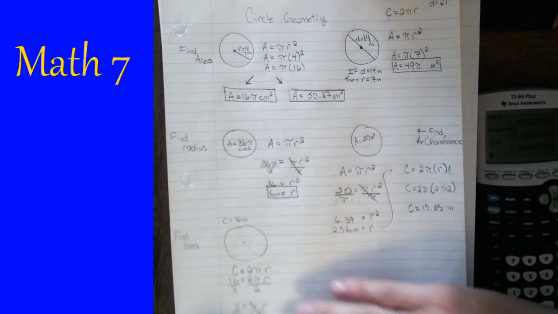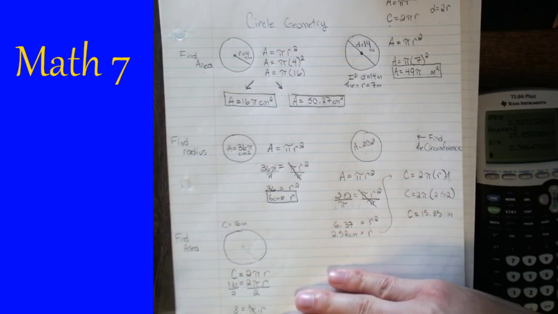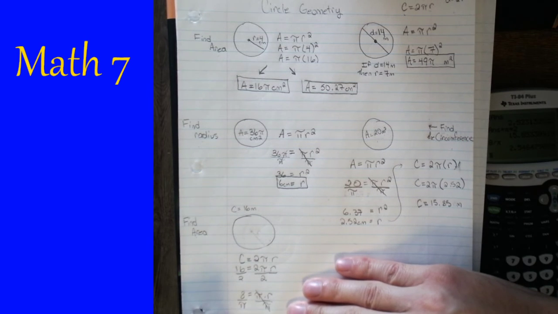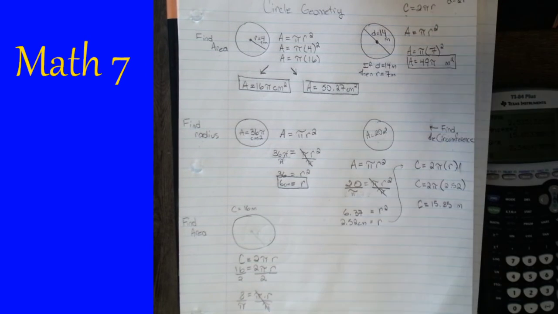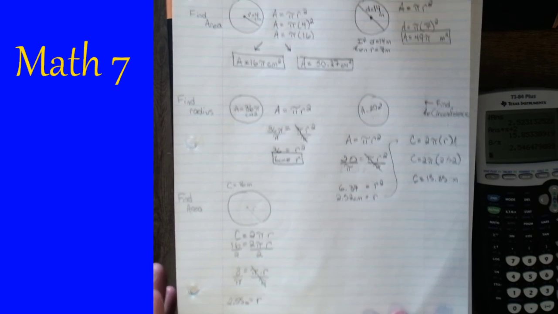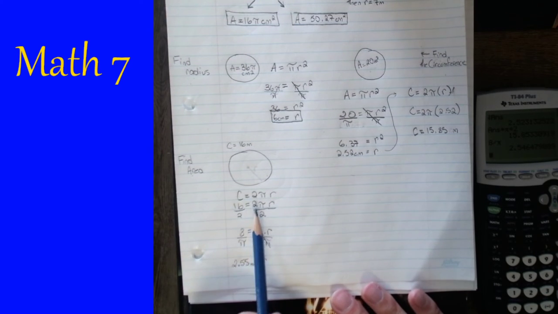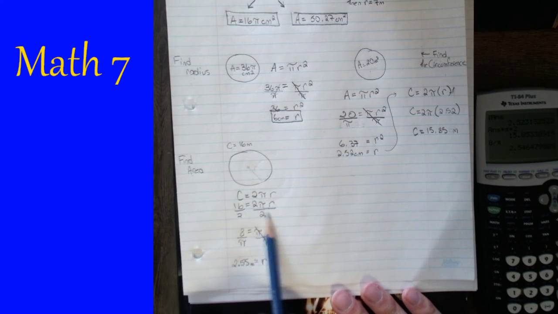That's going to be a number, 2.55-ish. So the radius is equal to, and I went off the page there, so here's that process. Divide both sides by 2, then divide both sides by pi. So you get r is equal to 2.55 meters.